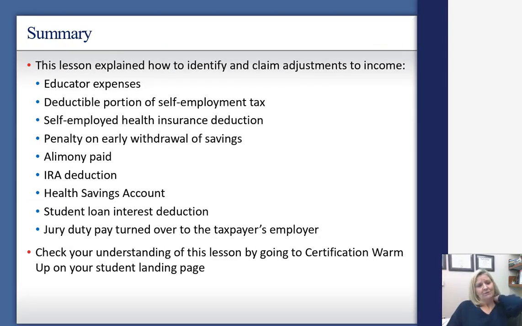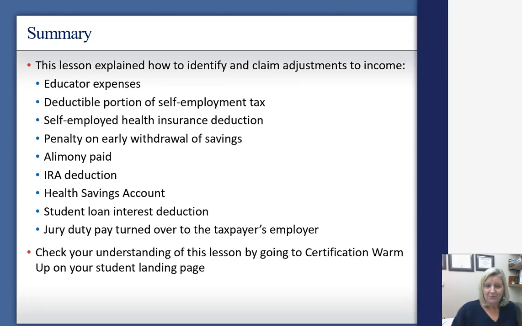All right, so generally we went over the most common adjustments to income that you will see. Just make sure that you are inquiring, looking at that intake form, asking the taxpayer if they're self-employed, especially about health insurance, and making sure that that self-employment tax gets reported correctly.